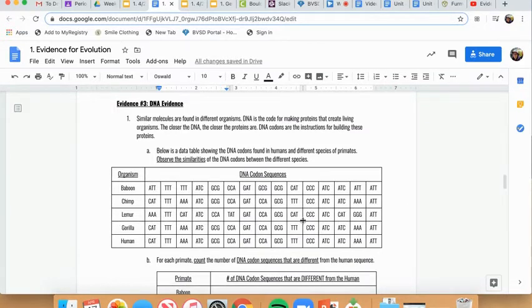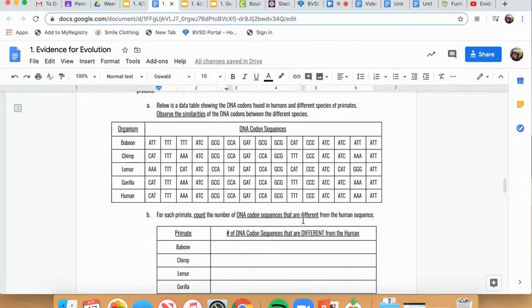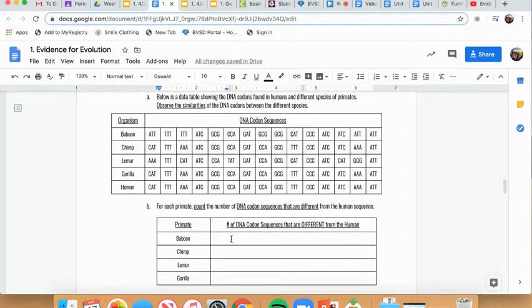So for letter A, you are observing the data chart, which shows us all the different DNA codon sequences for the following organisms: baboon, chimp, lemur, gorilla, and then finally the human. Okay, so what you want to notice is there are similarities of the DNA codons between the different species.